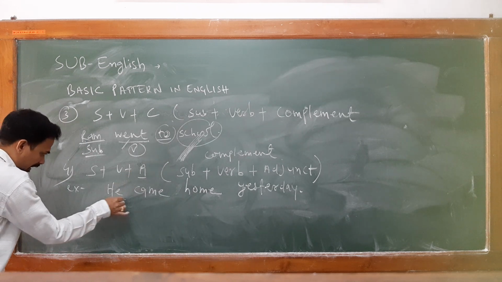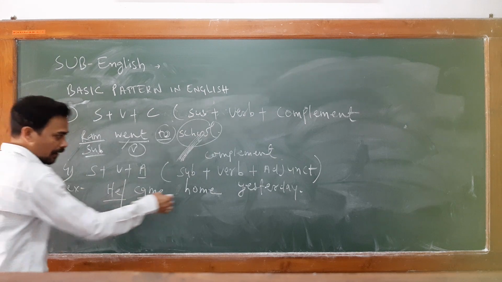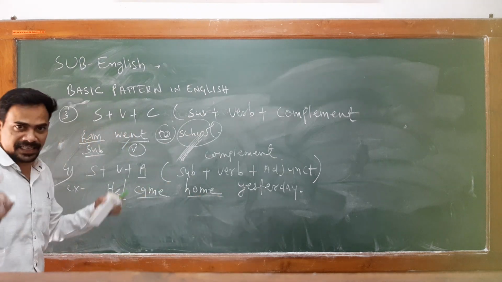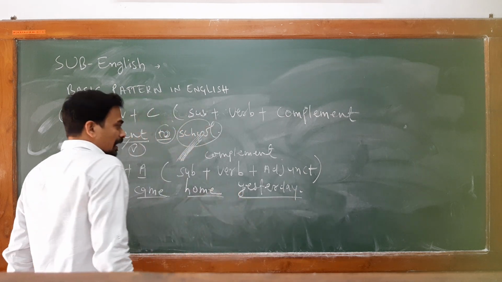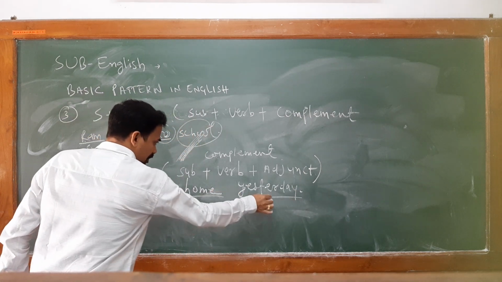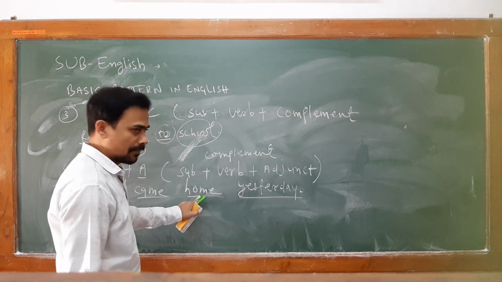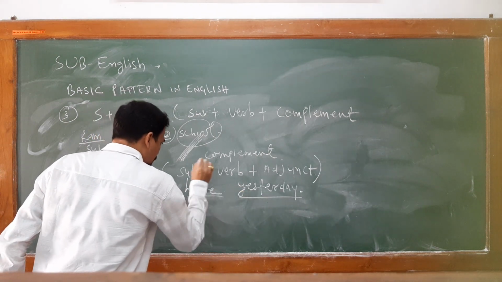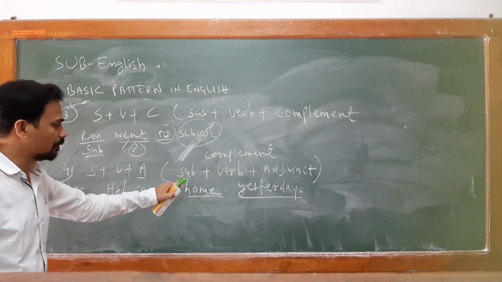Now you see, he, this is the subject, a pronoun; came is the verb; home, this is an adverb. Yesterday, this is also an adverb of time, and home is an adverb of place. Now before this, if I put a full stop, then it is giving me 100%. He came home.